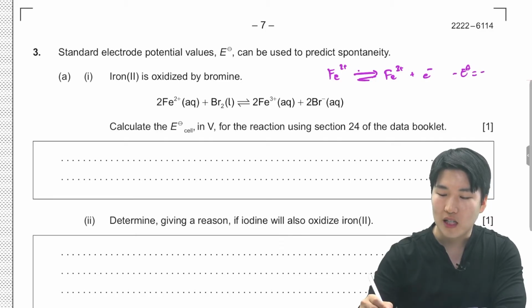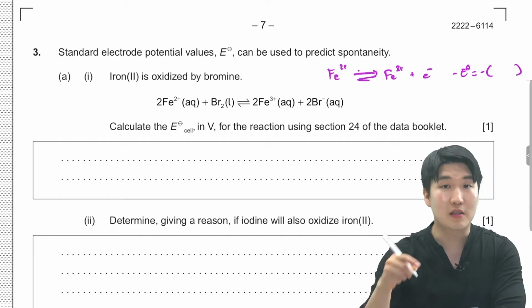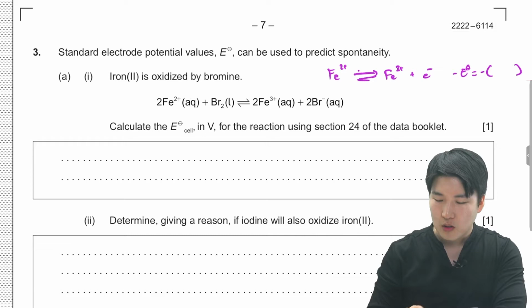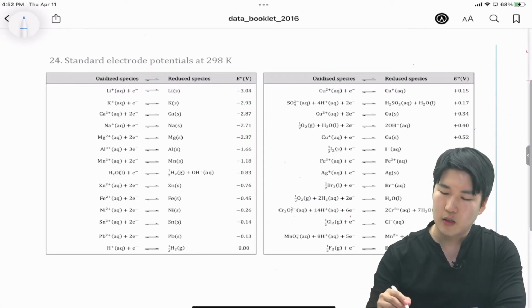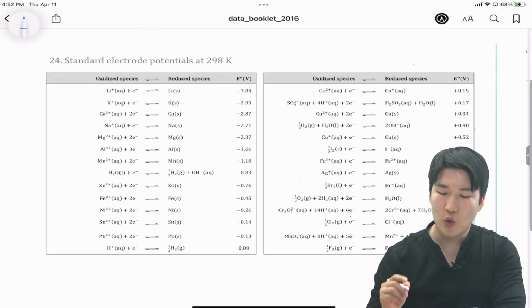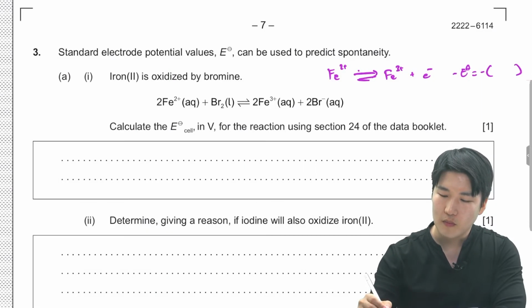We're going to introduce a negative sign. Why? Because this is oxidation, not reduction. And the value we will be using is right here, plus 0.77, which means it would actually be minus 0.77.